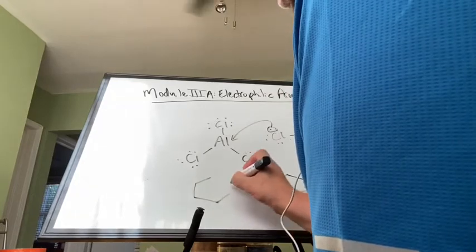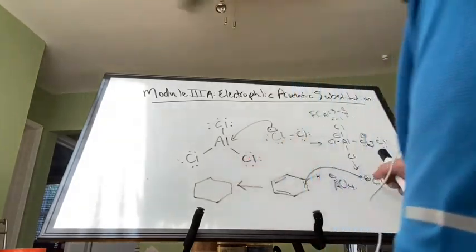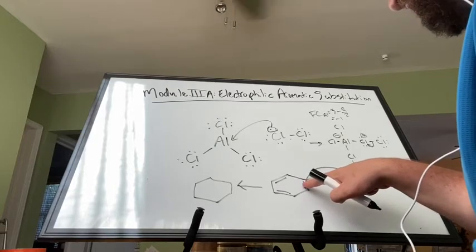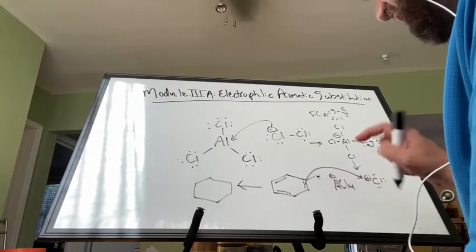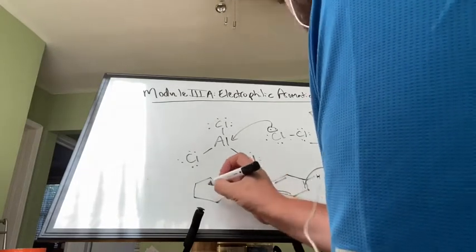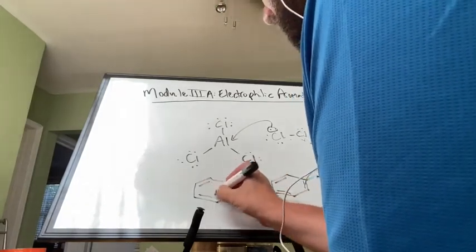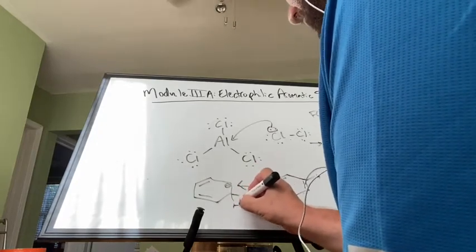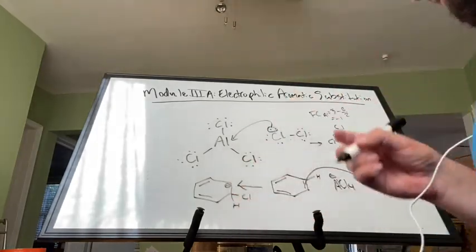Now, before I continue the story, notice here how the positive charge is getting picked up by the electron-rich species again. So we'll just put the positive charge right here. And then we have our Cl hydrogen sigma complex.